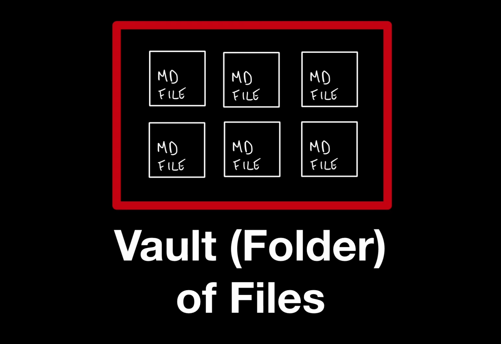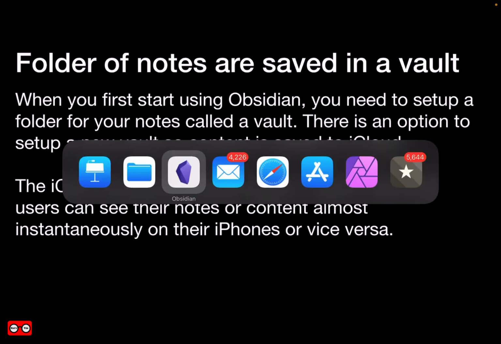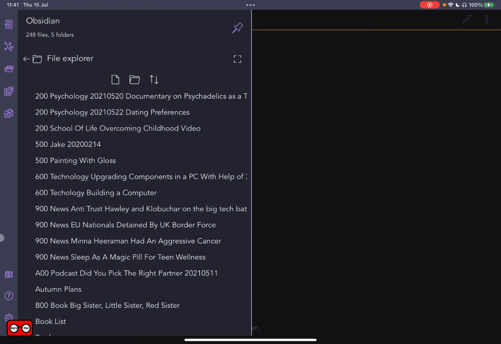You can see they're saved into a folder, and Obsidian calls these folders a vault. So when you first go into Obsidian and you say, I want to create my notes in this area, you have to define or create a vault. So let's go into Obsidian and show you how that works. So we've got all of our different options at the side.